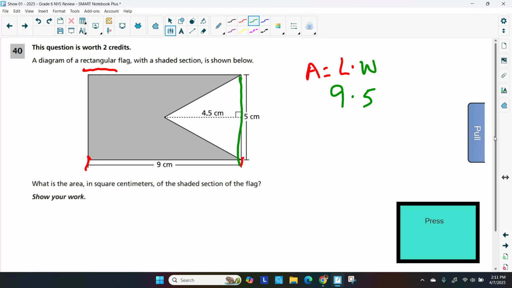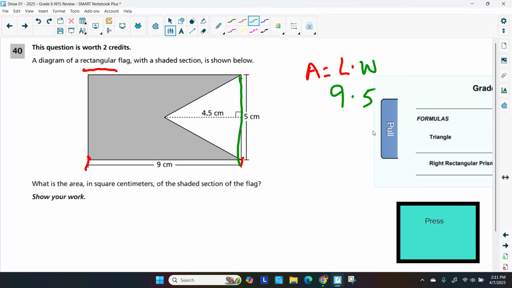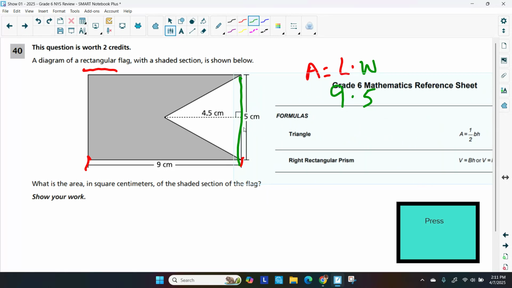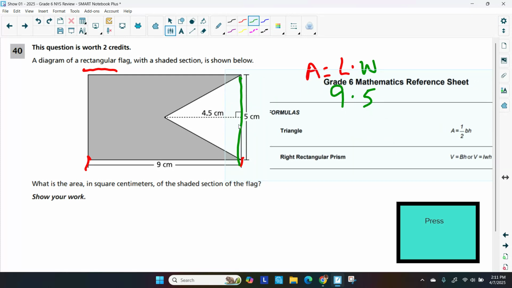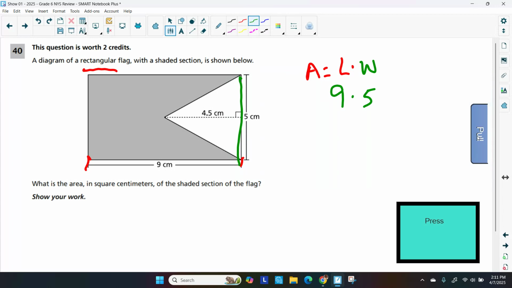If you didn't know that, you should, because there's a triangle here, and you get a formula sheet that has formulas on it. So your 6th grade reference sheet, and I see up there the triangle, so we're going to need that. Area equals 1/2 BH. So, and I know 5 times 9 is 45. So the area of this whole shaded and the triangle is 45 square centimeters.